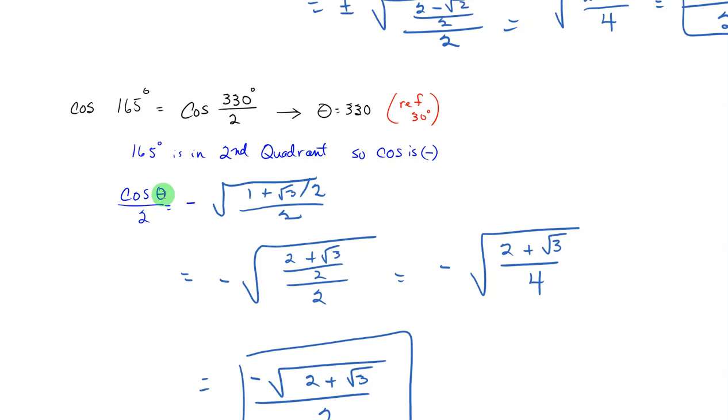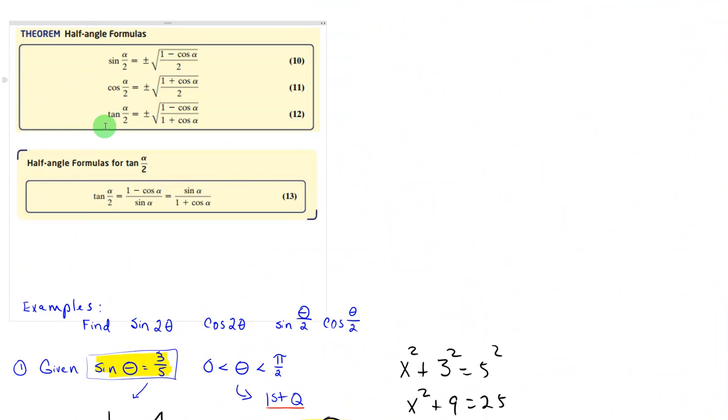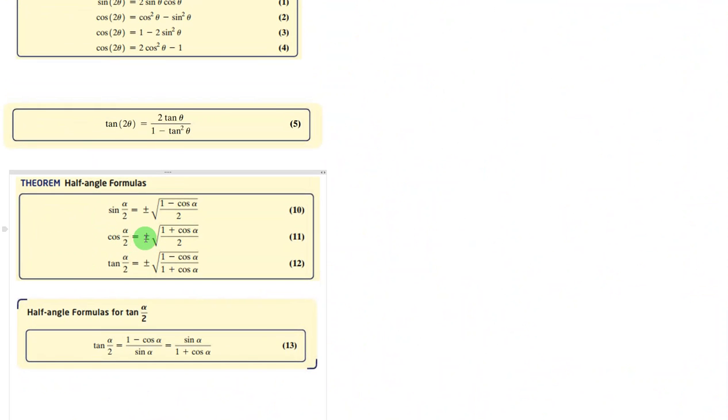All right, so cosine theta over 2, here's our formula, 1 plus the square root of 3 over 2, all over 2, because, let's look back at the formula. I have to go back up. Cosine of alpha over 2 equals plus or minus the square root of 1 plus cosine alpha over 2.